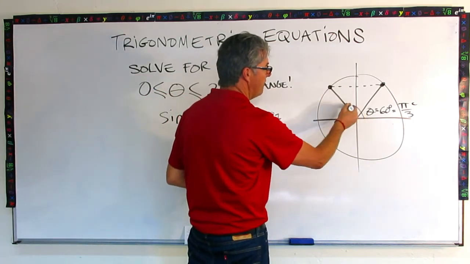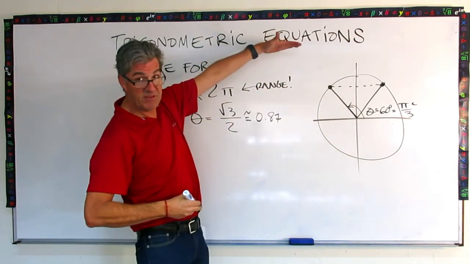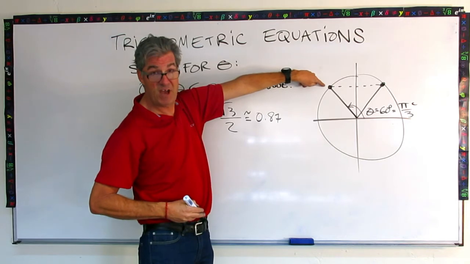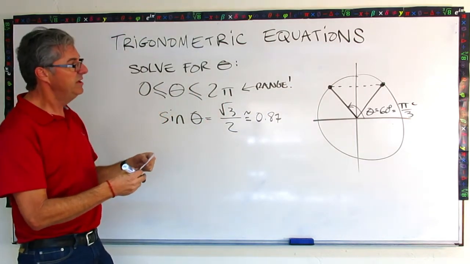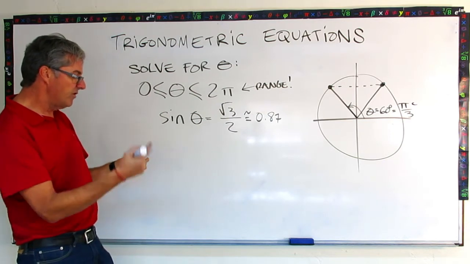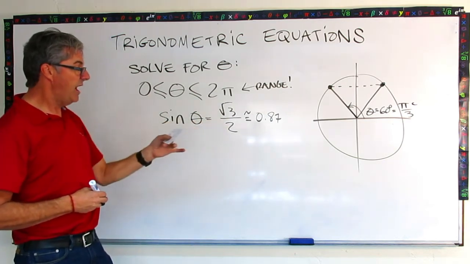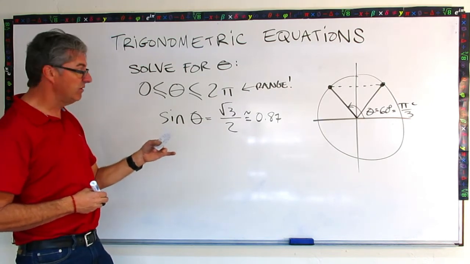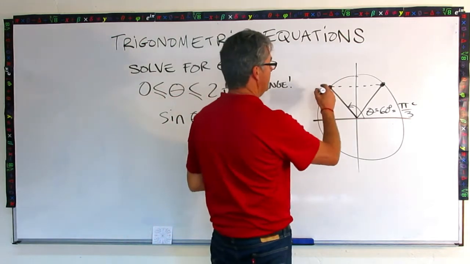So that's one point. We also have this point over here. So we've come a little further. Different theta, but since we're still above the x-axis, we're going to have the same value for sine theta. So let's take a look at that. Pull up my unit circle. Now I'm going further past, and I can see that root 3 over 2 happens at 120 degrees, which is 2 pi over 3 radians, and that's right here.